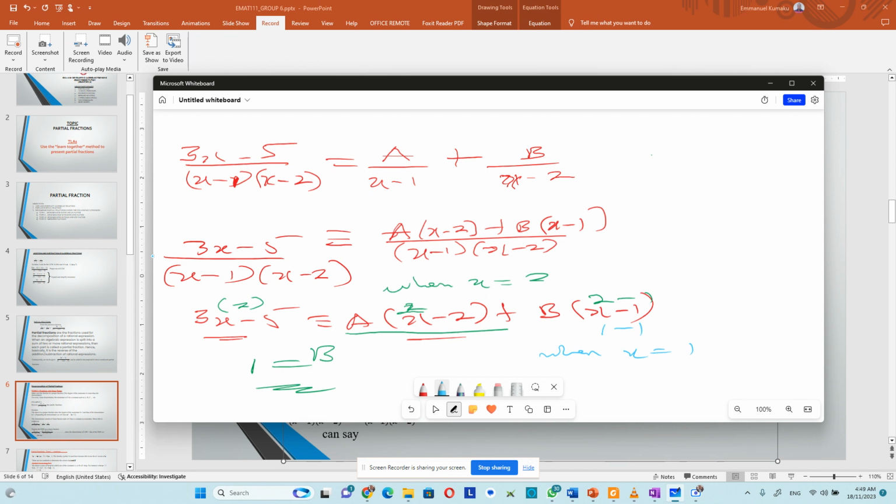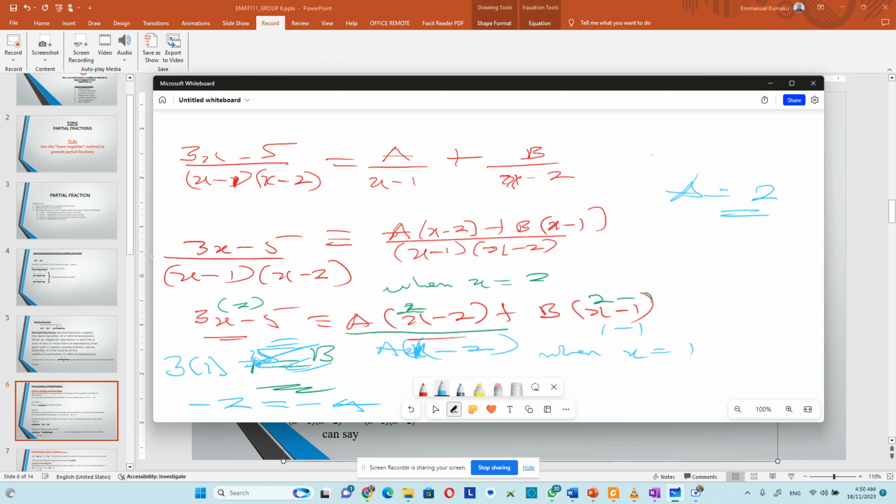So 1 minus 2 here, multiplying the A, and the left hand side is 3 times 1 minus 5. So the computation here will give us negative 2, and here we'll get negative 1. So negative 2 will equal negative A, which implies our A is equal to positive 2.